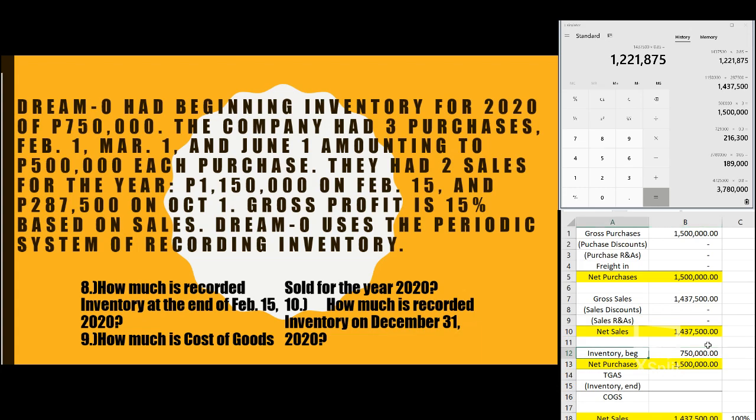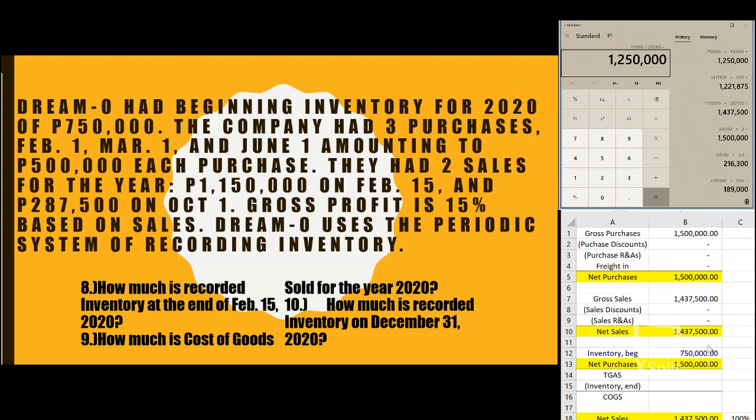Okay? Normally kasi guys, ang gagawin dyan kapag hindi masyadong alam ang periodic, magkano yung beginning? 750. And then, meron tayong binili ng February 1. Tama? So, ang possible na gawin nyo dyan, tingin sa calculator, 750 plus may binili ng February 1 na 500. Okay? And then, meron ka ring binenta na 1,150. Tama?